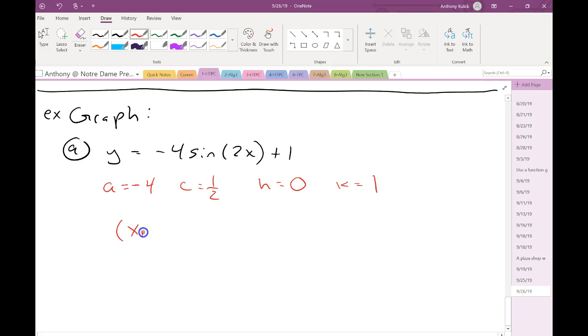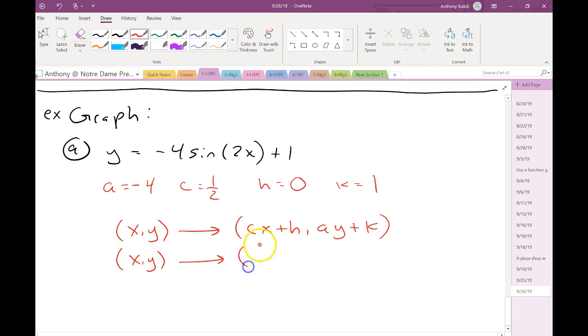And what I'm going to do now is use my transformation map. So if I plug in my values, that's my transformation map.